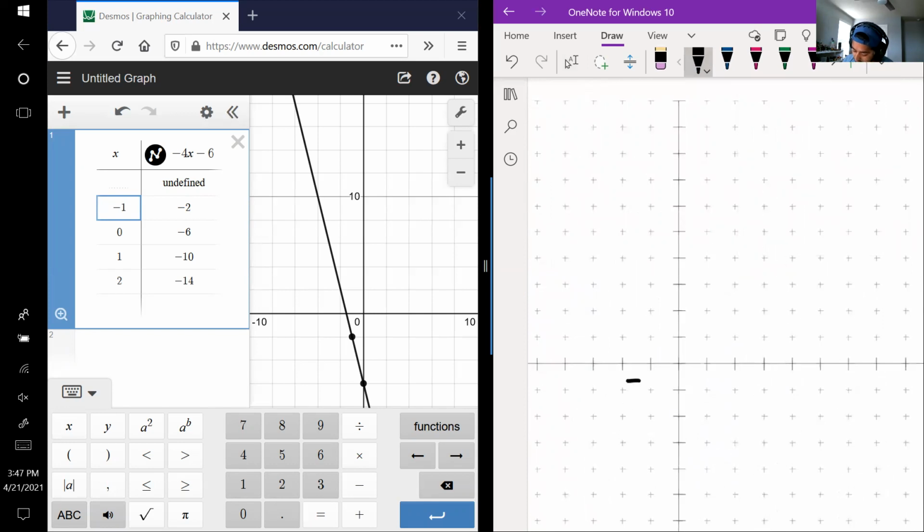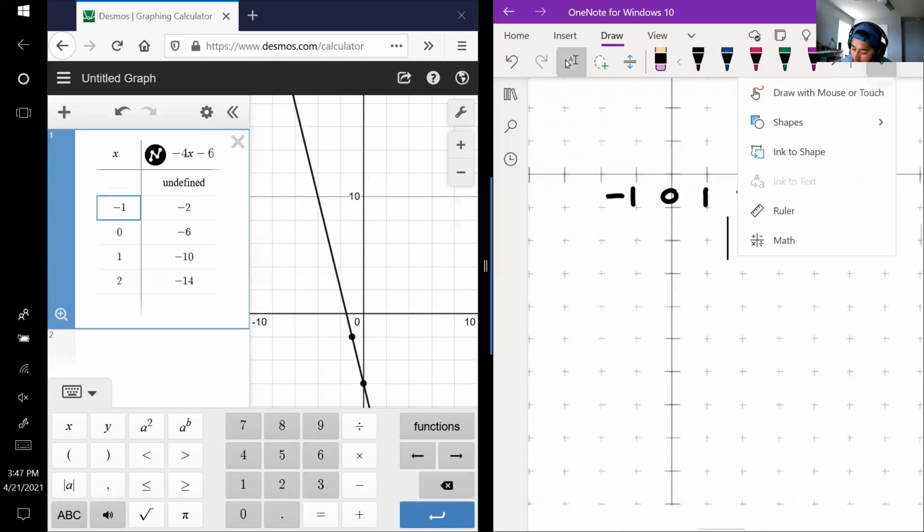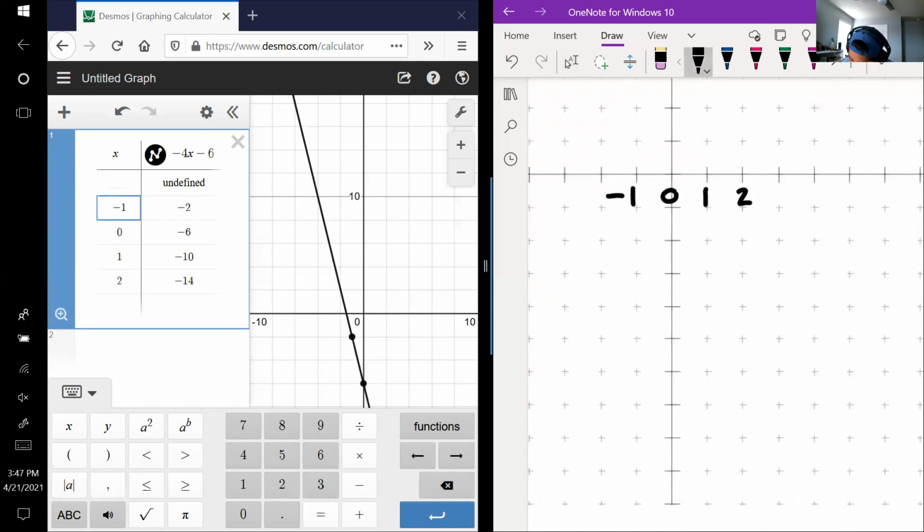So here's -1, 0, 1, 2. And my y values go down to -14. So for my y-axis, this will be -2, -4, -6, -8, -10, -12, -14.